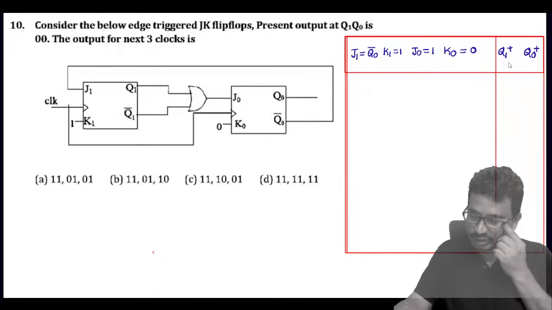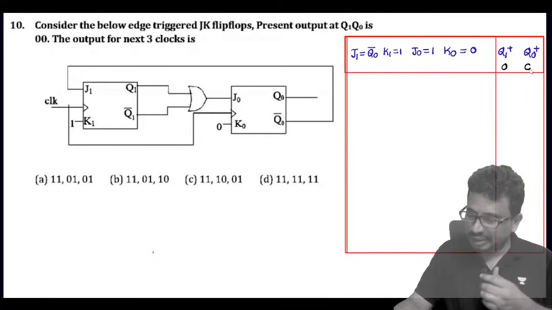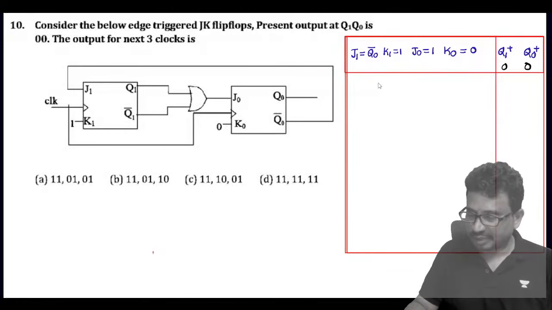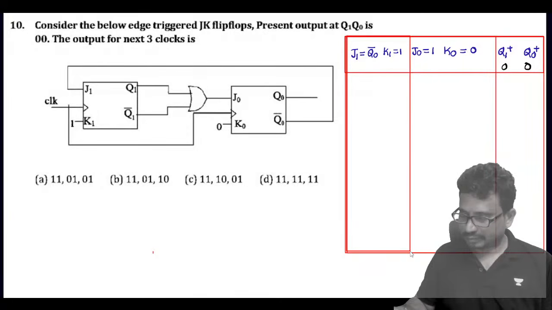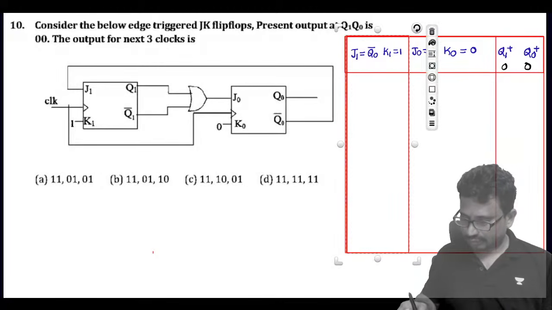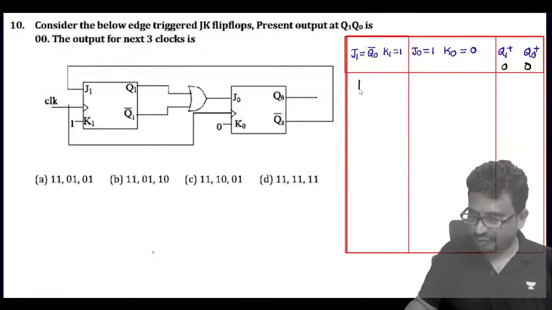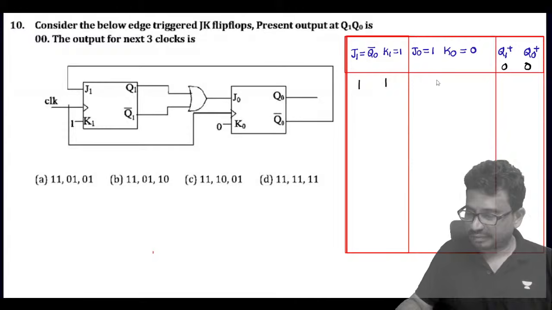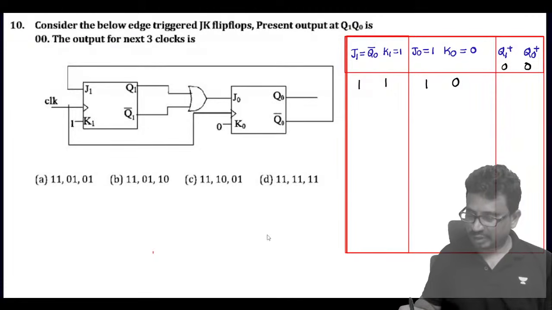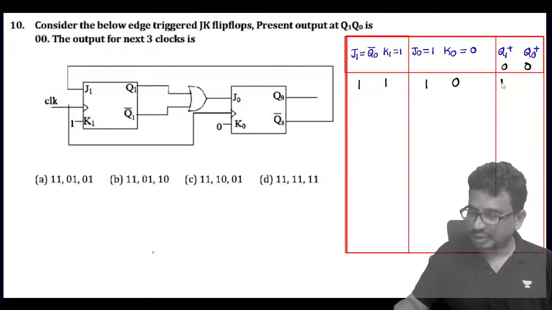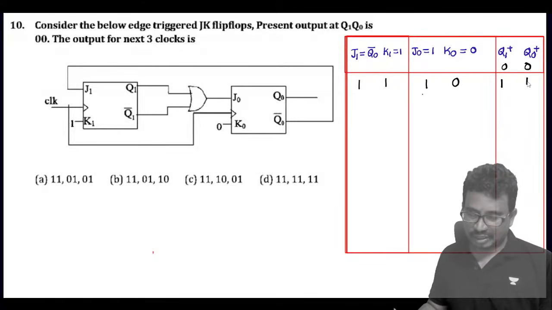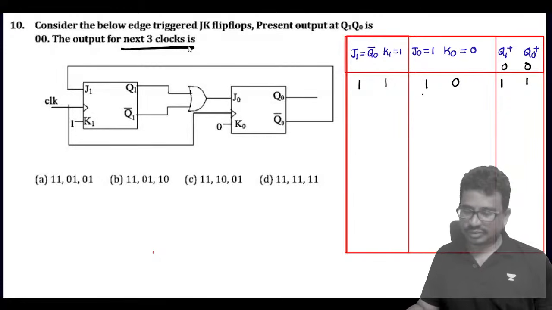Now the present output is initially cleared. So tell me what will come here. This value 1 and this value 1, 1 and this value 0. So for the JK flip-flop, 1 1 is a toggle. 1 0 is a set. They are asking for the output after 3 clock pulses.